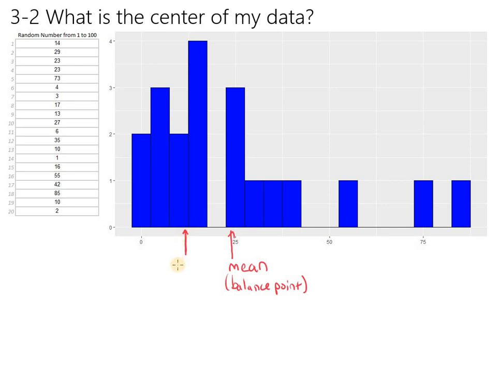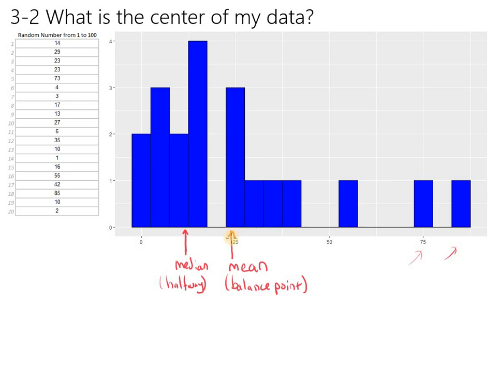And half the blue is above that and half is below. So it's halfway through the blue. It doesn't really care how far out these last few things are. It just says, hey, there's a couple blue there, a couple blue there, but there's as much blue to the left of the median as there is to the right of the median.